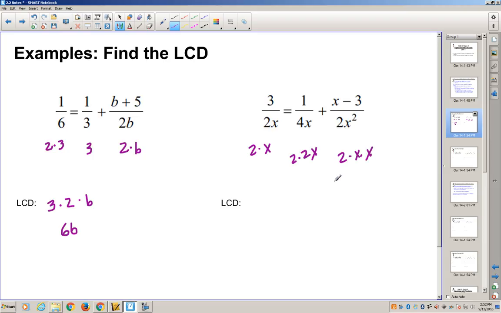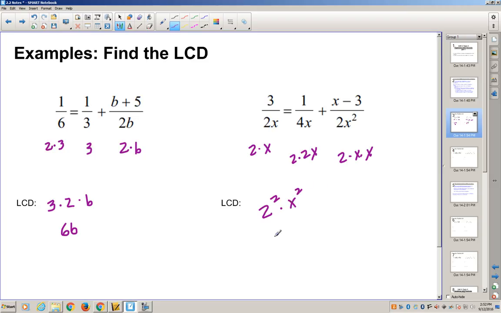Okay, so notice there's only one 2 here, and there's only one 2 here, but here there's two 2's. So our LCD has to have those two 2's. I'm going to write it as 2 squared. Here's an x, but here's two x's. So the lowest common denominator has to include the two x's, so x squared.